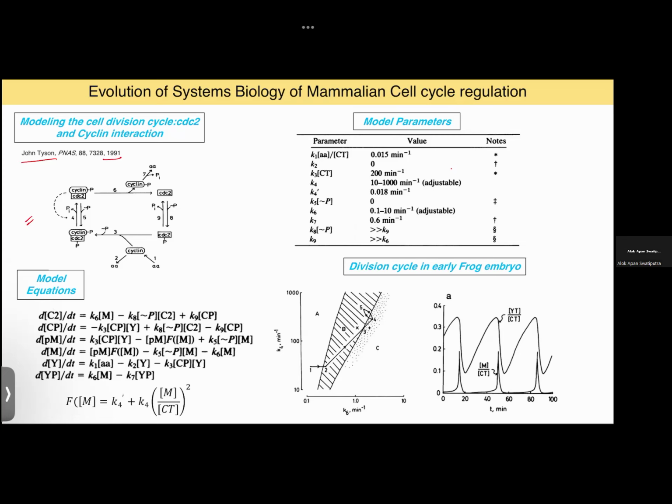Whatever you see as P here is phosphate. For example, you have this CDC2 molecule. When it becomes phosphorylated, you have CDC2P. Once CDC2 becomes phosphorylated, it can bind with something called cyclin.